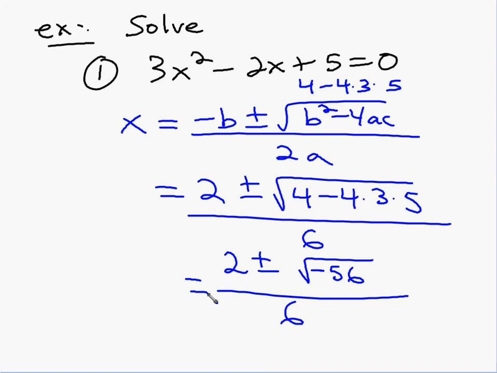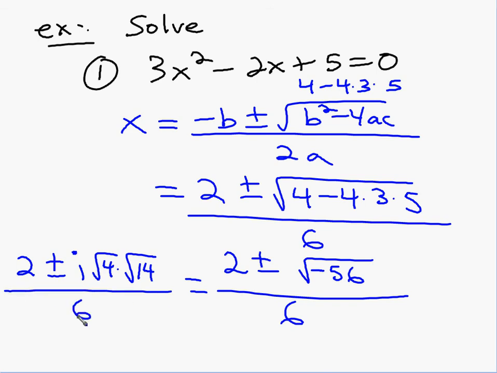Are there any perfect squares in 56? Just 4, right? So I can make this 2 plus or minus i times the square root of 4 times the square root of 14, all over 6. And the square root of 4 is 2. So now I have 2 plus or minus 2i radical 14 all over 6.